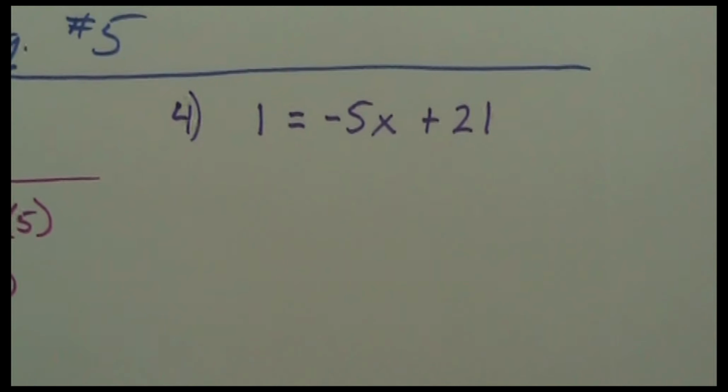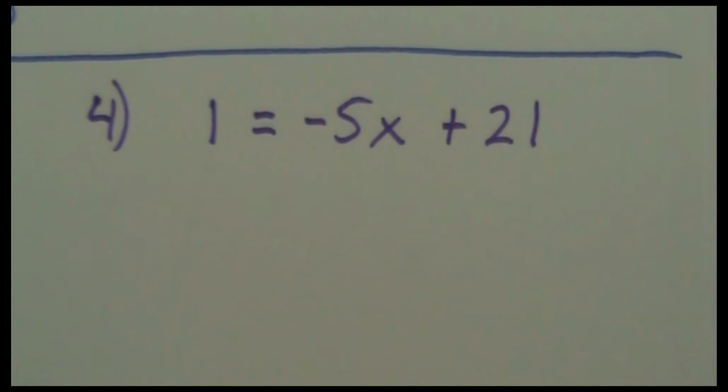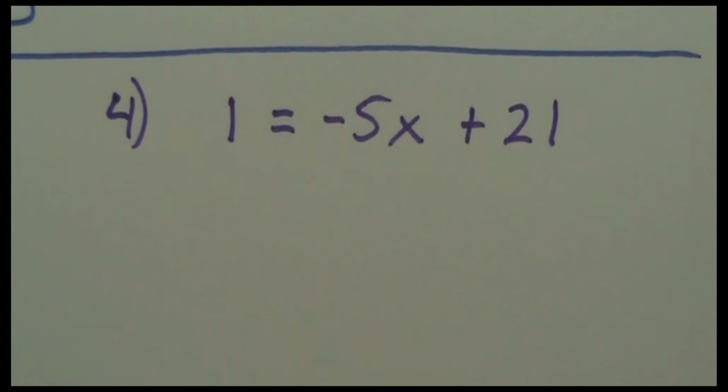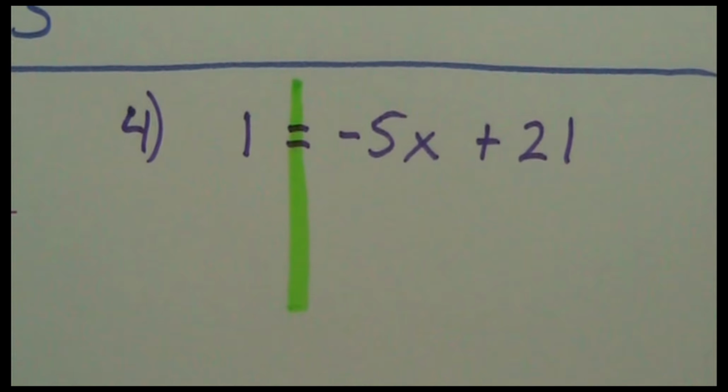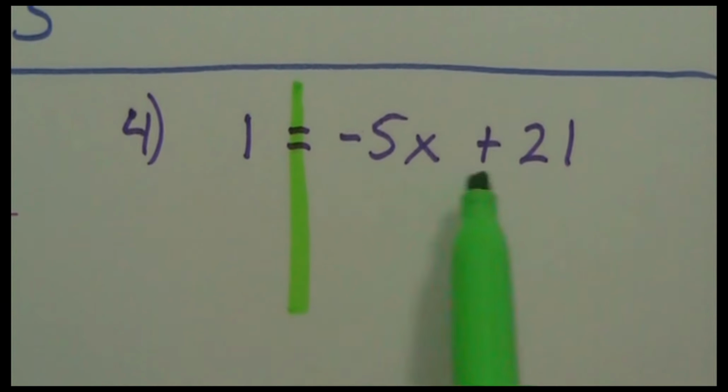Okay, I'm gonna go up to the top of my paper anyways. It doesn't matter if you put on one paper or not, it's a lot easier if you do. Now what's different about this is where the x is on the right side this time.